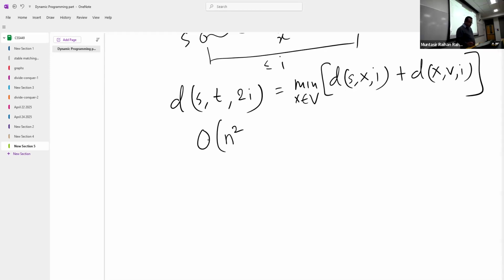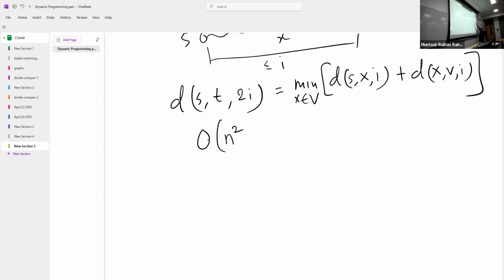If I start with, so we know that the hop count can be maximum n minus 1, right? And then if this is n minus 1, in the recursive call I'm halving it. So from n I get to n by 2, from n by 2 I get to n by 4, to n by 8.